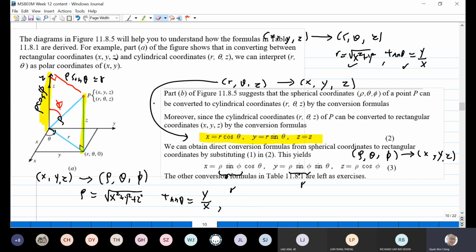Z over rho is actually the cosine of phi.